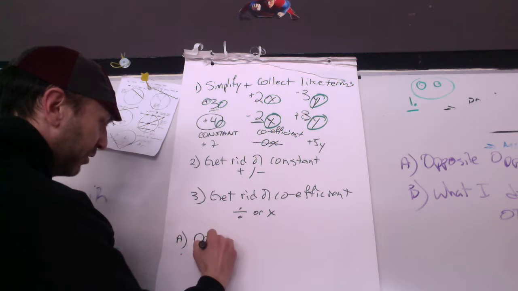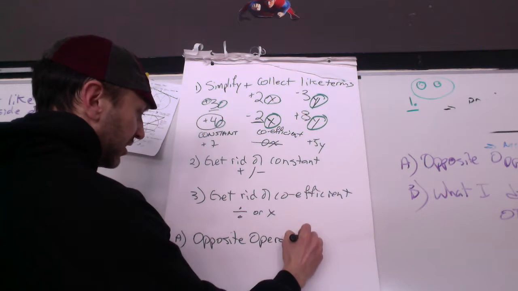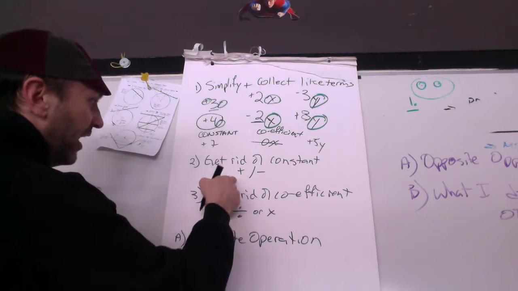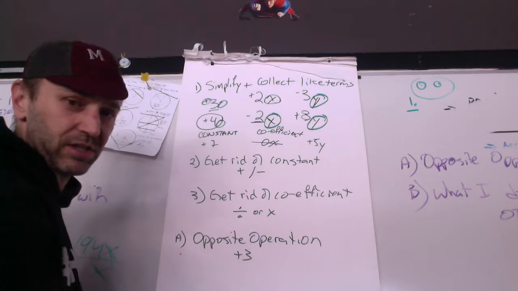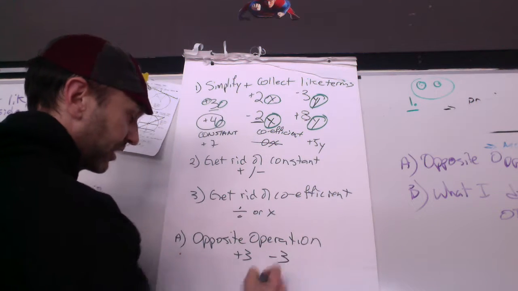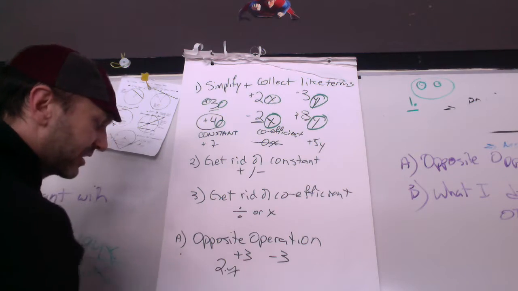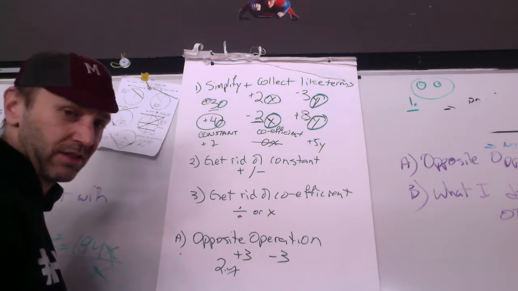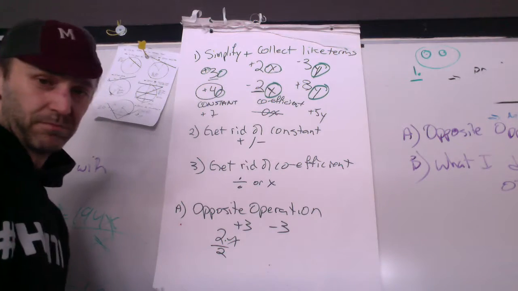Use the opposite operation. So if I have a positive 3, the opposite operation to that is negative 3. If I have 2x, that's attached by a multiplication. The opposite operation to that is going to be a divide by 2.